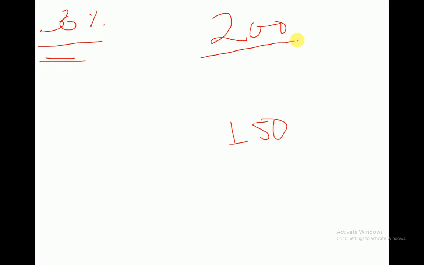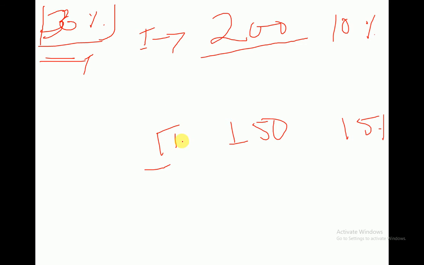The student getting 200 marks passed by, say, 10% of marks, and you failed by 15% of marks. So if the passing percentage is 30, how would you find out the total marks, say, if the question asks what is the total marks?